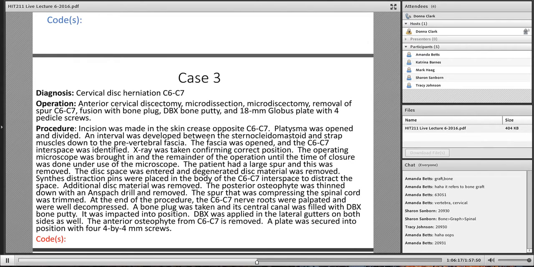Now, the 20931, which we found under bone graft, spine surgery, says allograft, structural, for spine surgery only. So it used allograft. Does somebody know what that means?